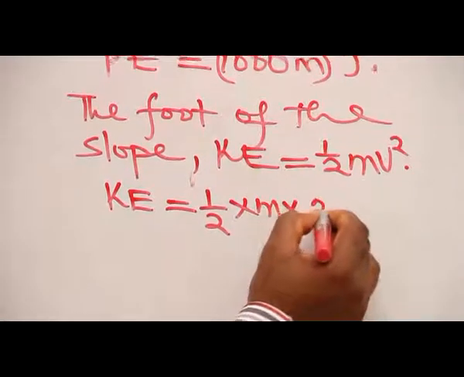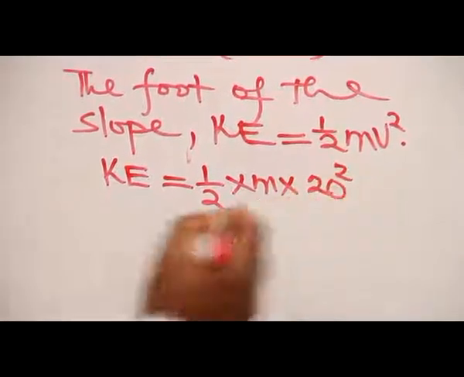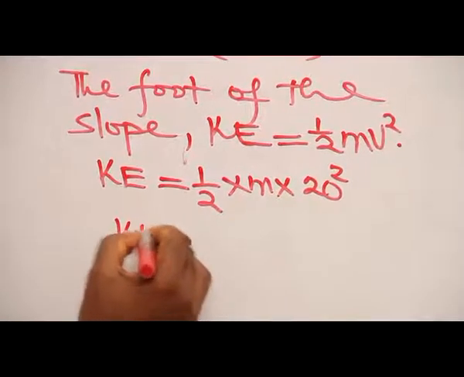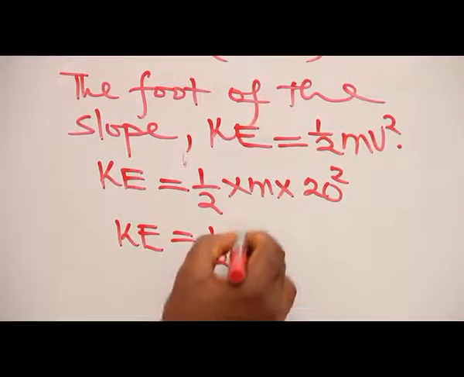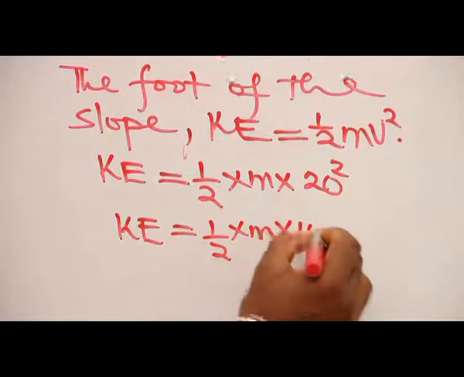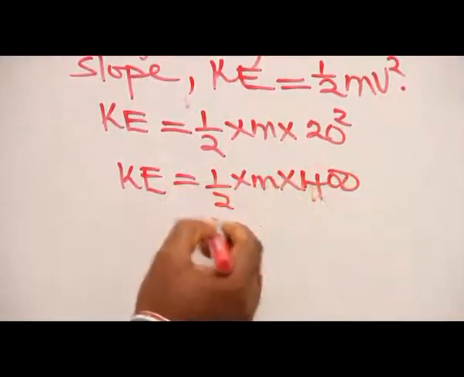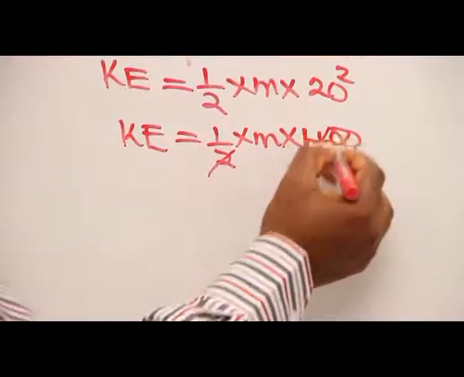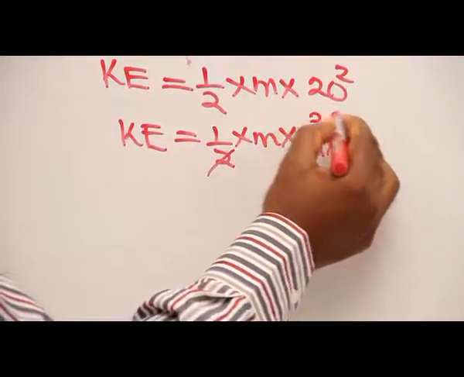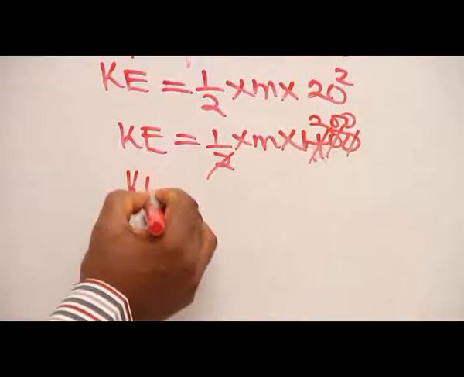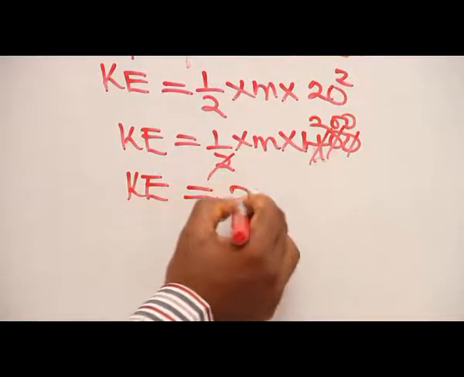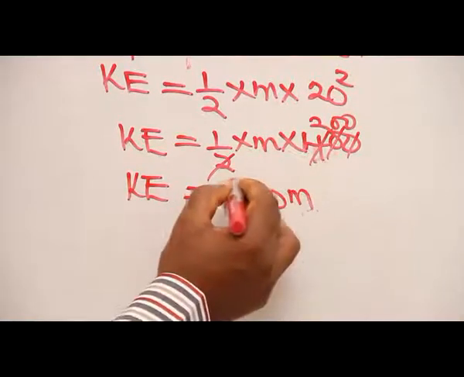The velocity we are given as 20 squared. KE will give us half times m times 400 joules. We divide this to give us 200. So the kinetic energy is 200 m joules.